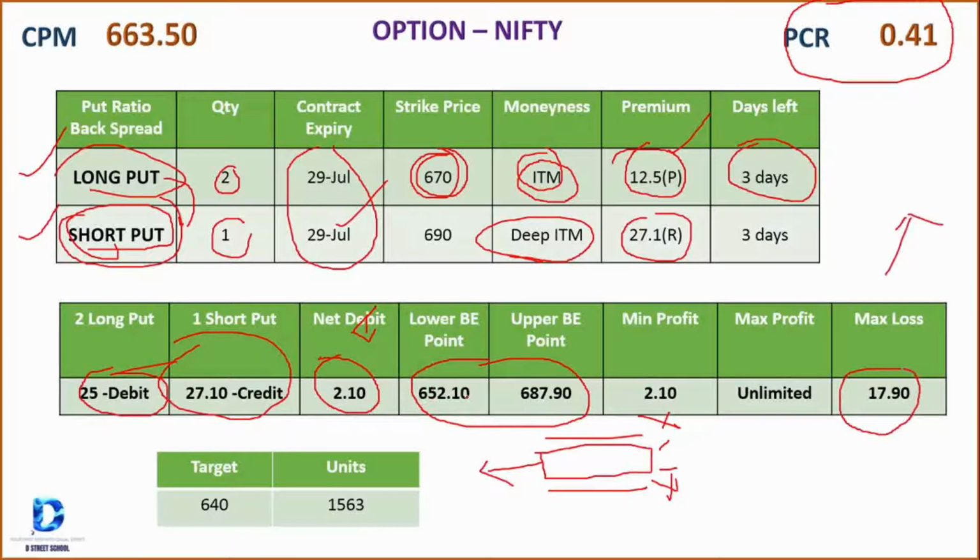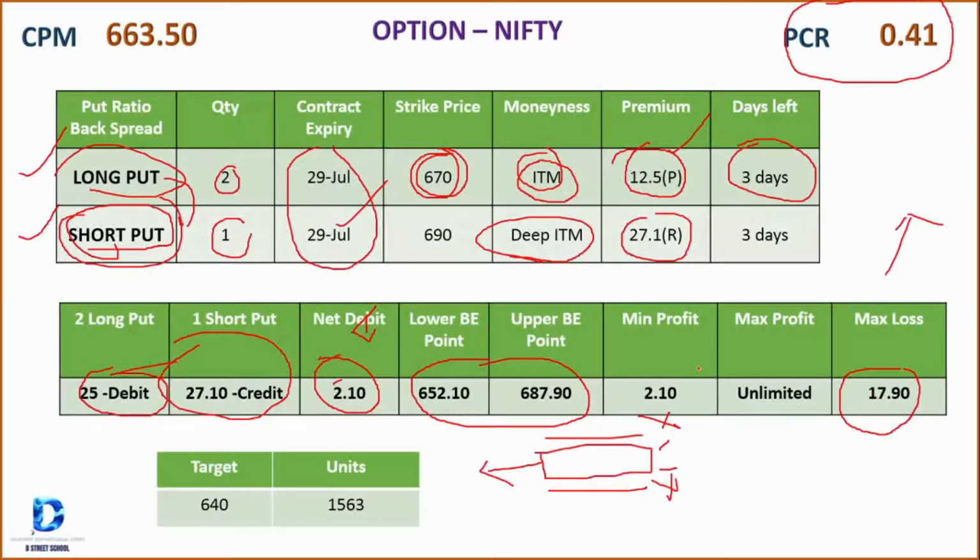If the price closes within this range, we incur a maximum loss of 17 rupees 90 paise. Within the range the loss could be reduced, but the maximum loss we incur is 17 rupees 90 paise. The minimum profit is the net credit of 2 rupees 10 paise.